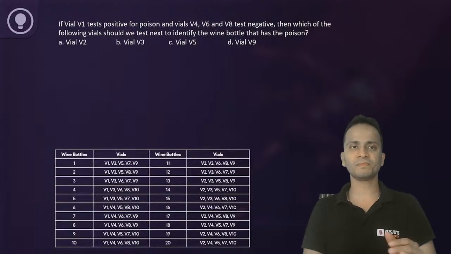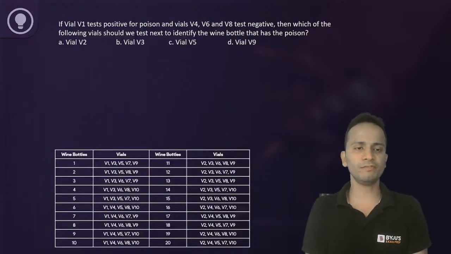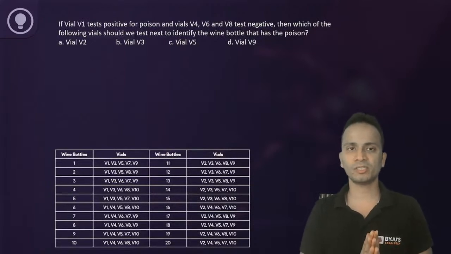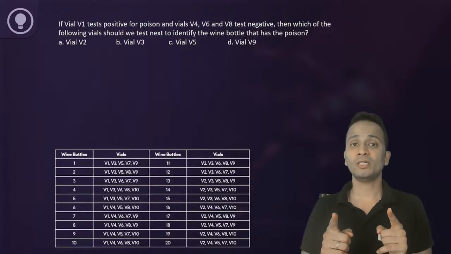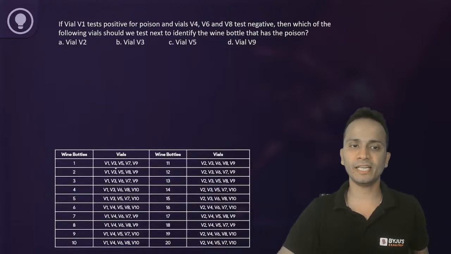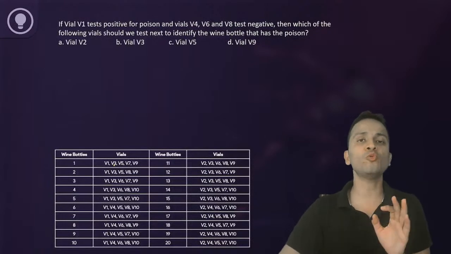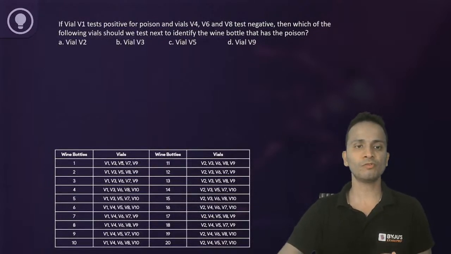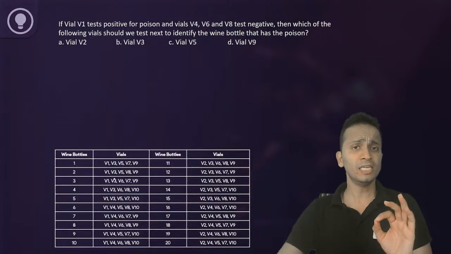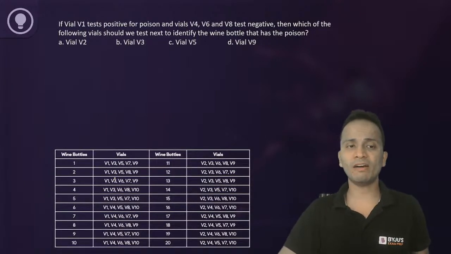Let's check. Now vial 1 tested positive, so I will not eliminate any of the first 10 bottles. Now I look for the vials which tested negative. So 4, 6 and 8 tested negative. On the basis of this, let's try to eliminate some of the bottles. Wherever 4, 6 and 8 are present, that bottle will be eliminated, meaning that bottle will not have poison.